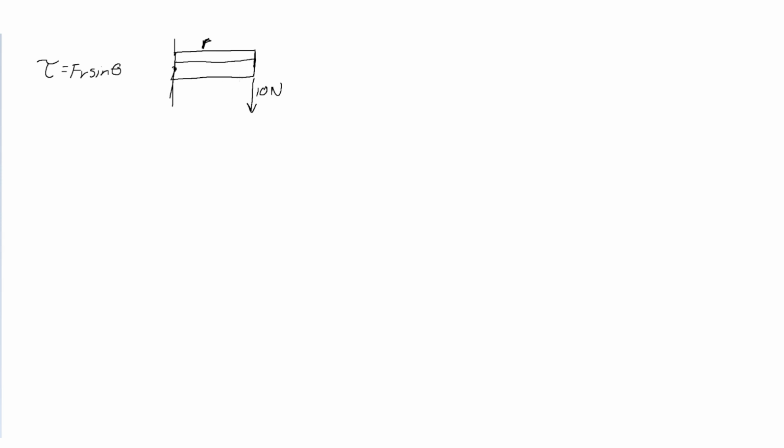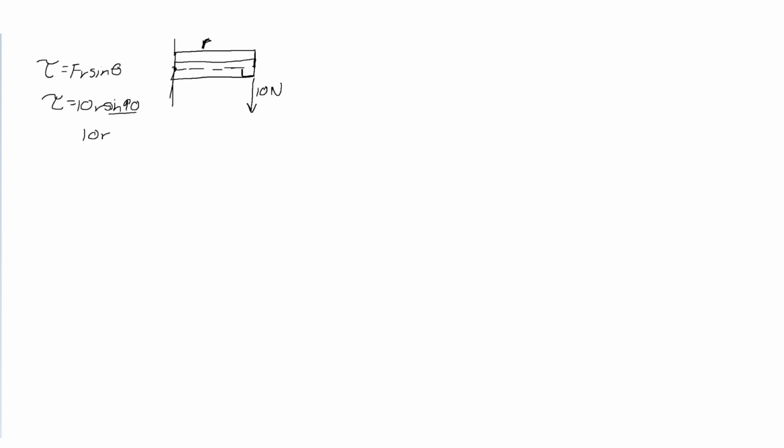And our theta is going to be whatever our force is relative to the line of our radius. So that's obviously going to be 90 degrees. So then our torque would be 10 and then r sine 90, right? So sine of 90 is just 1, so it would just be 10r.